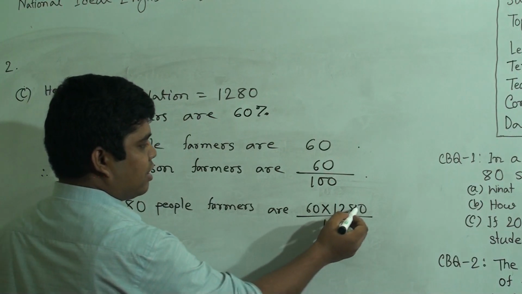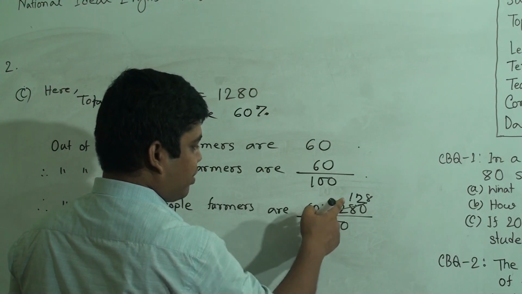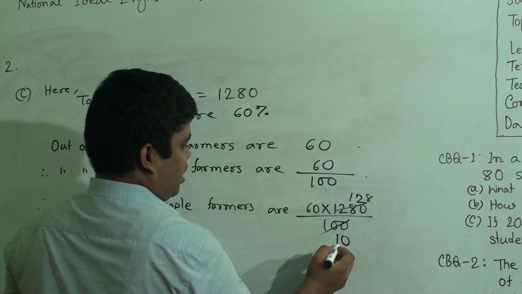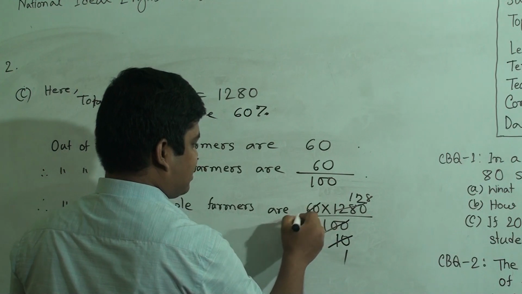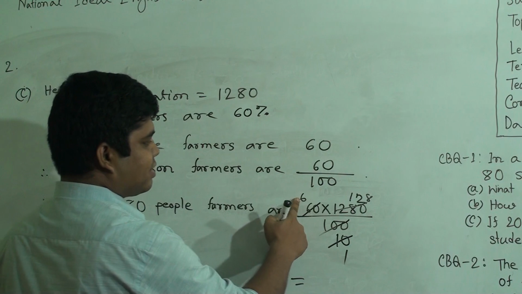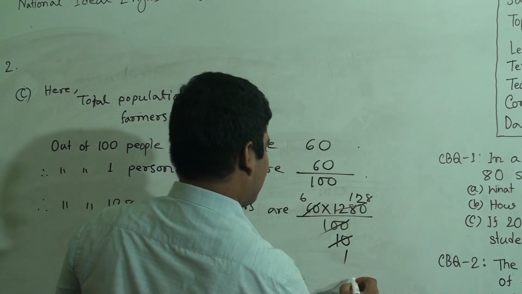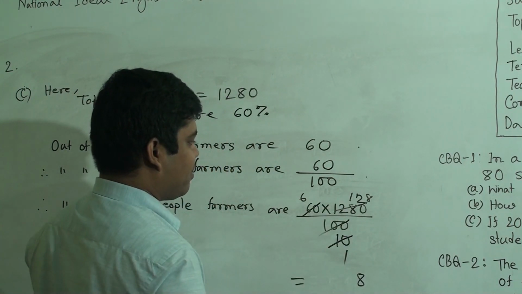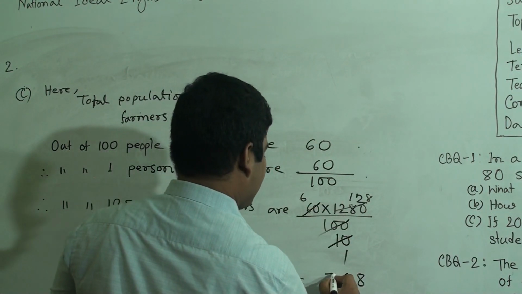Now we cut this number by 10 and we get 128. We cut 100 by 10, we get 10. Then we cut this 60 and 10 by 10. 10 tens are 10, 6 tens are 60. Now as a numerator 6 and 128 left. Now we multiply: 6 8s are 48, carrying 4. 6 2s are 12, 12 plus 4 is 16, carrying 1. 6 ones are 6, plus 1 is 7.